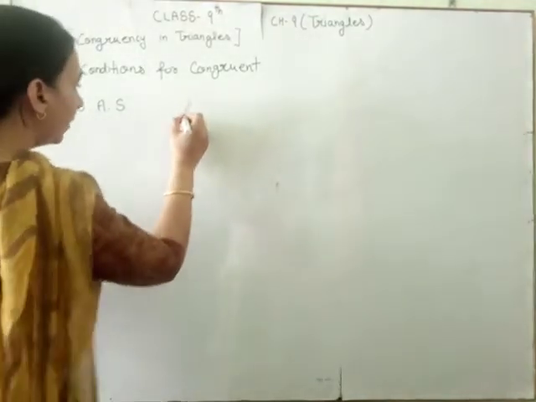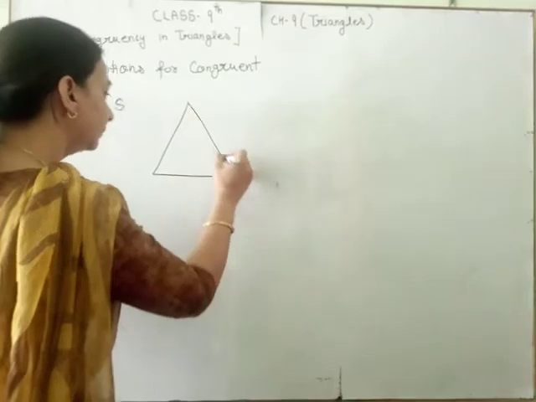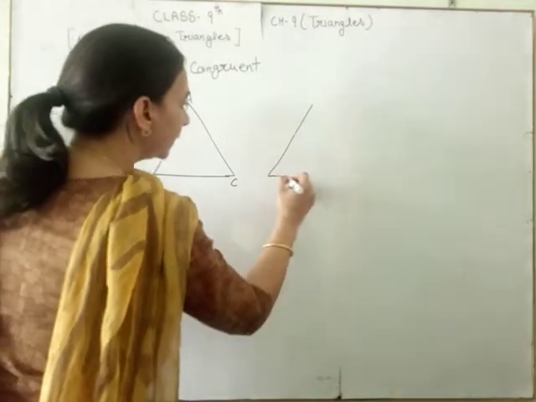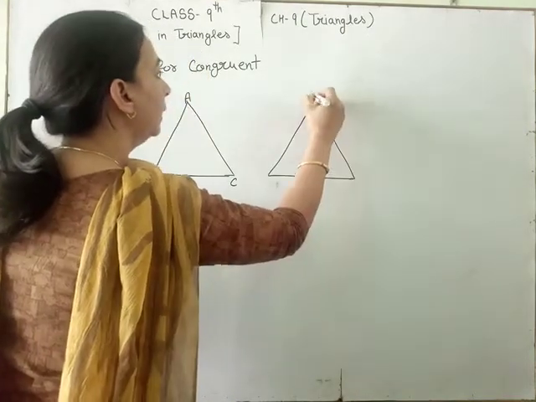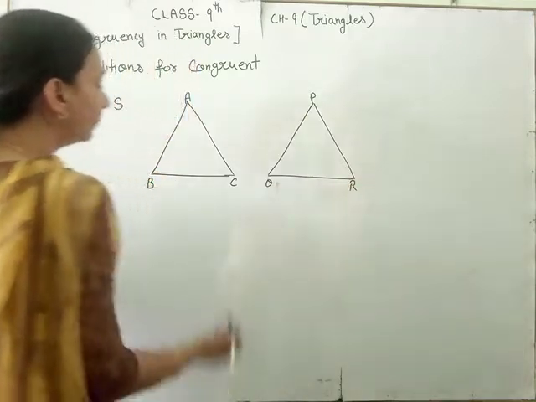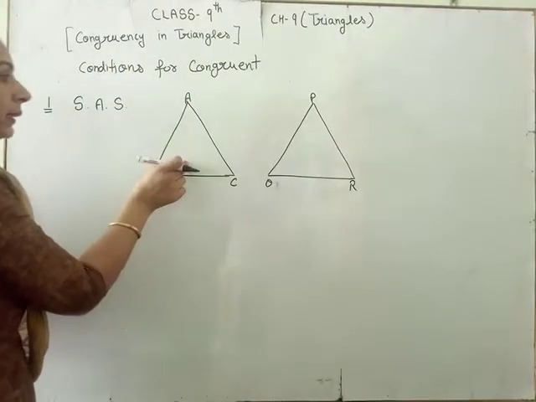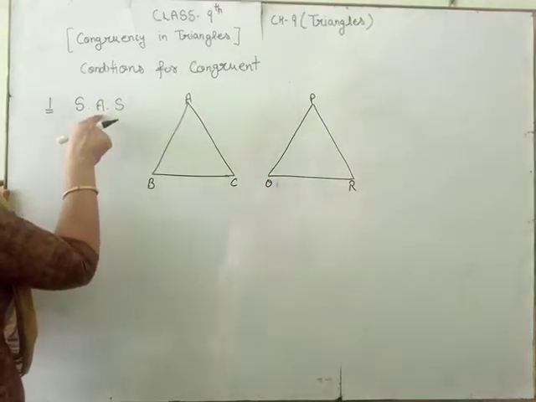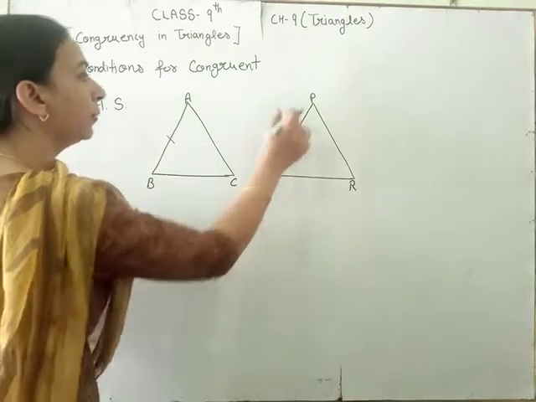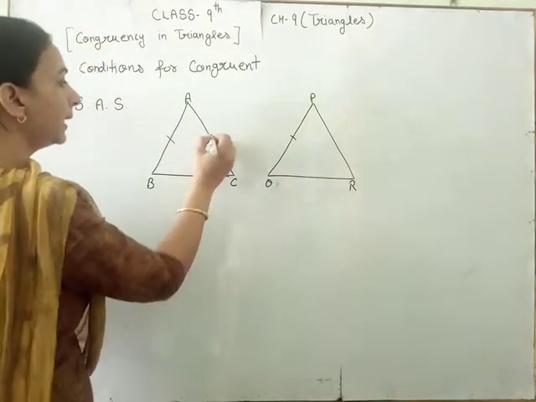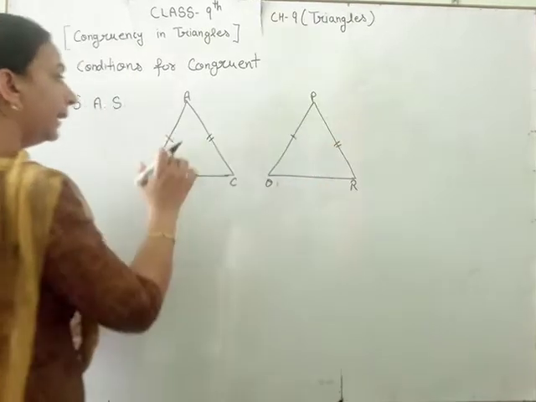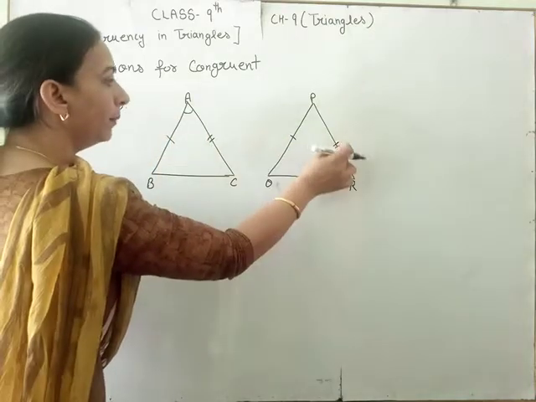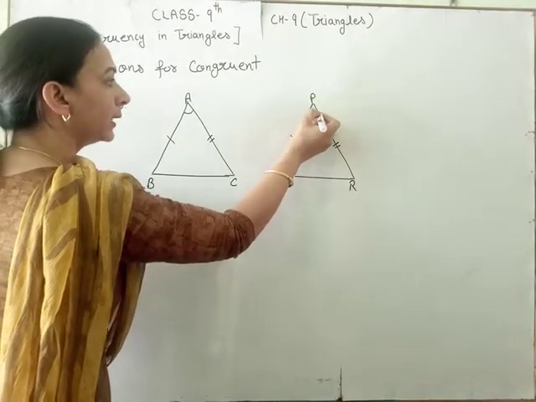According to this condition, if this is triangle ABC and this is triangle PQR, and two sides of one triangle are equal to two sides of the second triangle, let AB equal PQ and AC equal PR, and the included angle between both sides, angle A, is the same.